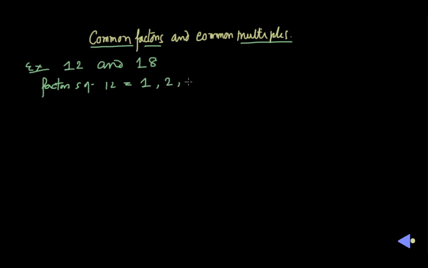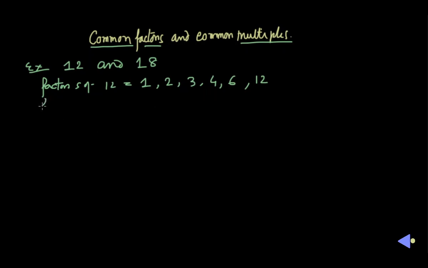Next, 2 times 6, that means 2 is also a factor, then 3 times 4, so 3 and 4. 5 does not divide 12 exactly, so next is 6, and again the number itself, 12. Those are the factors of 12.